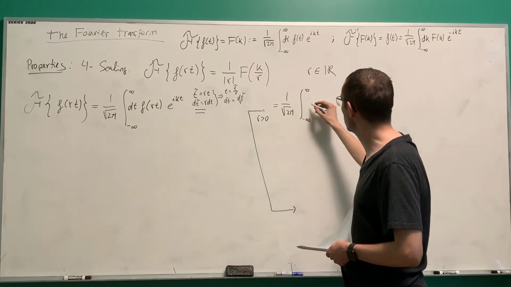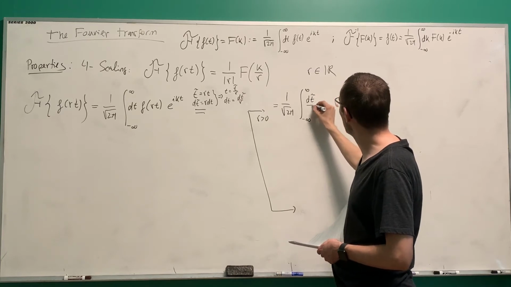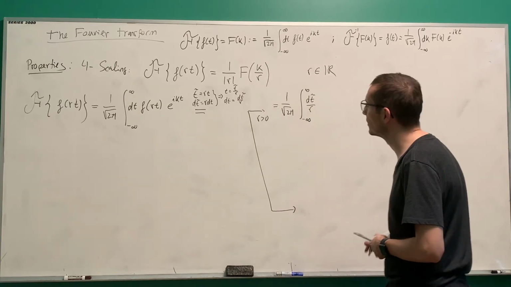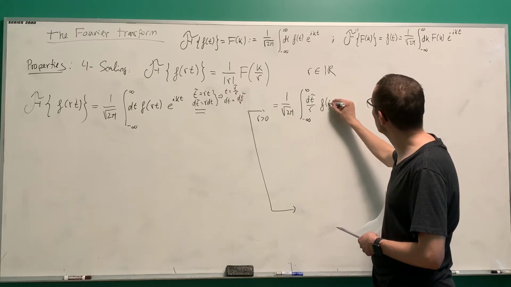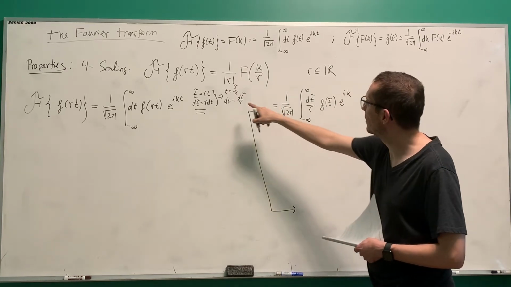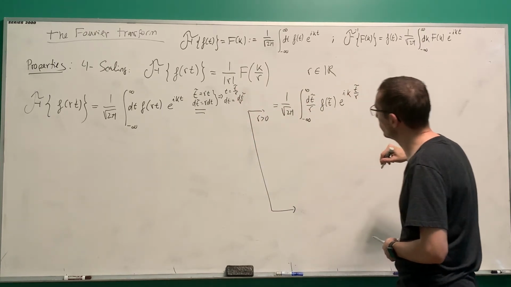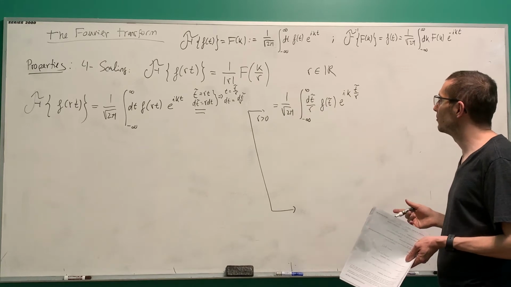t tilde goes to minus infinity. Now I write the dt, which is dt tilde divided by r, being positive. And then I get f of t tilde. And then I get here e to the i k, and then t tilde divided by r. All right, wonderful. So I realize the following.